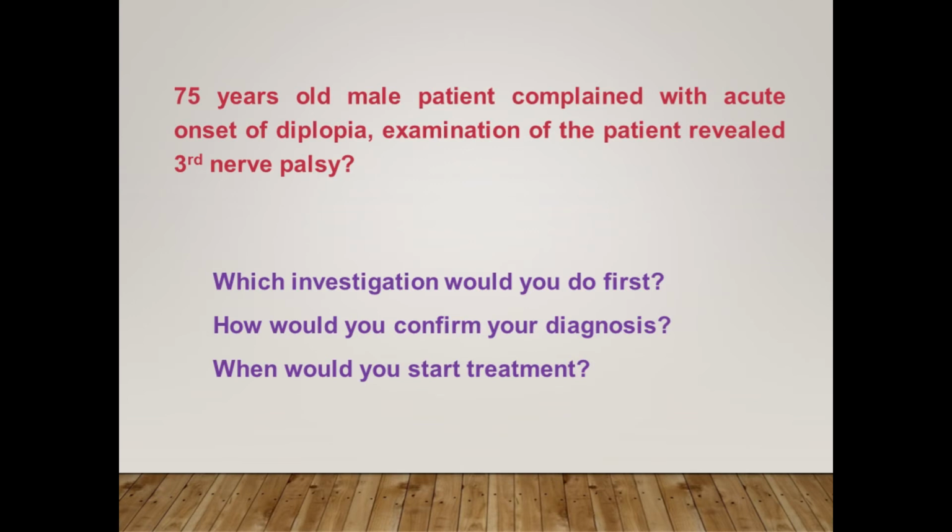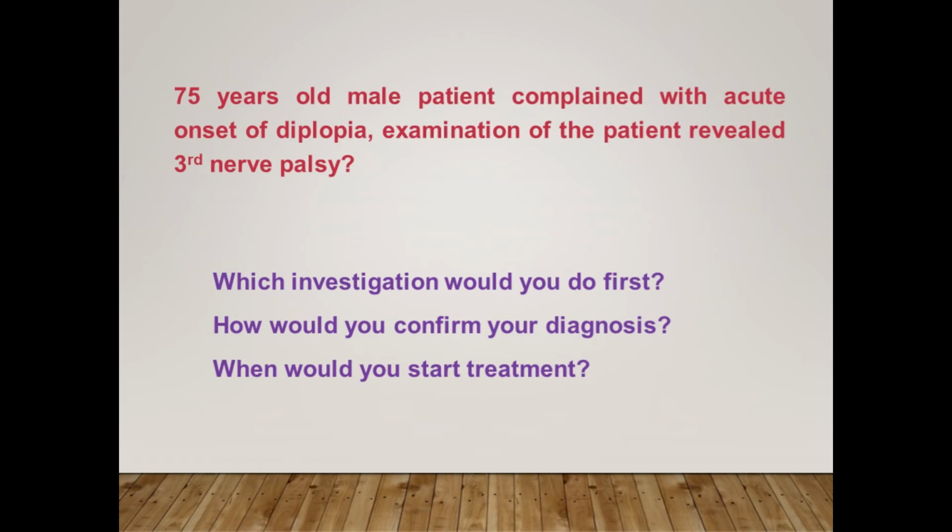So, any old age with central retinal artery occlusion, branch retinal artery occlusion, diplopia, third nerve, fourth nerve, sixth nerve, or transient ischemic attack is giant cell arteritis until proved otherwise. So the investigation to do first is erythrocyte sedimentation rate and C-reactive protein, and I would ask him about any jaw claudication or transient ischemic attacks.